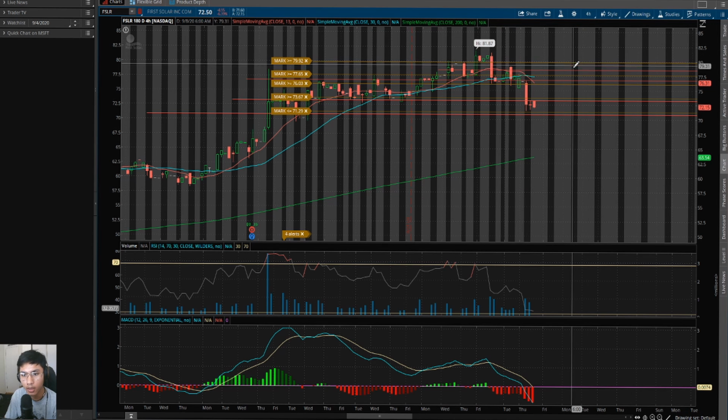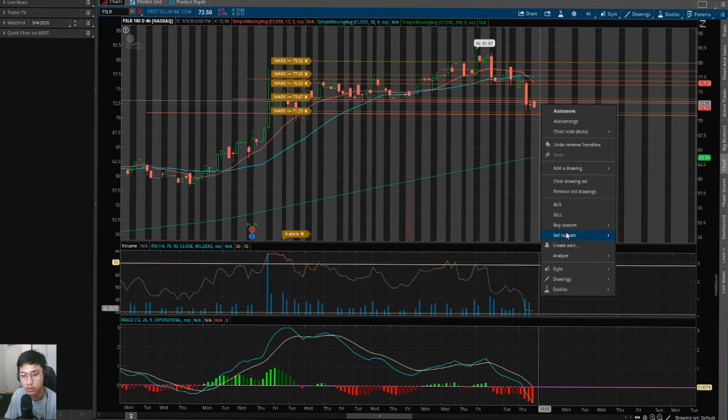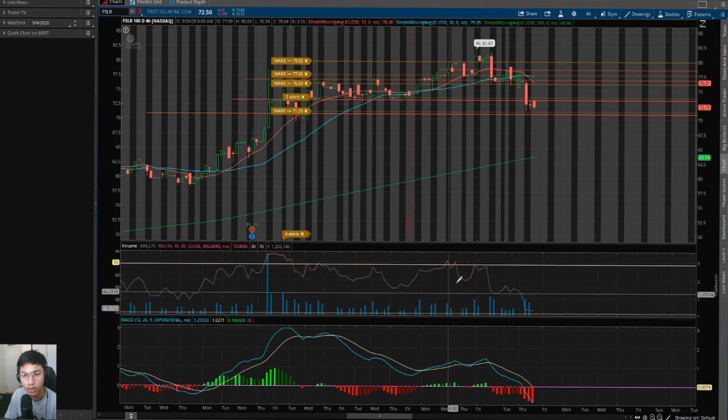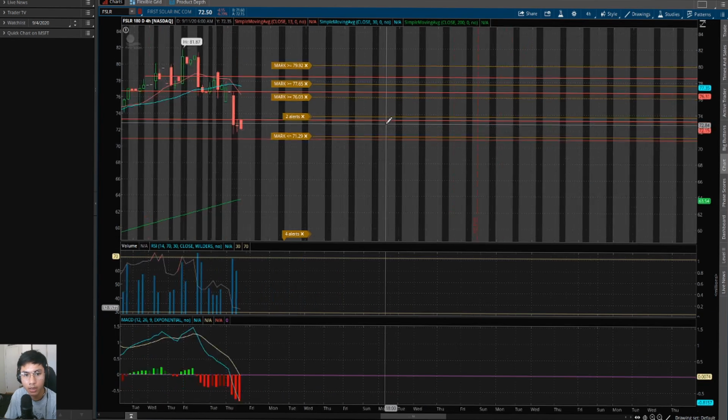If I enter here and things don't go as planned, and it draws back below this resistance line that I drew, I'm going to cut my losses around 72.95. So 72.95 is where I plan to cut my losses.